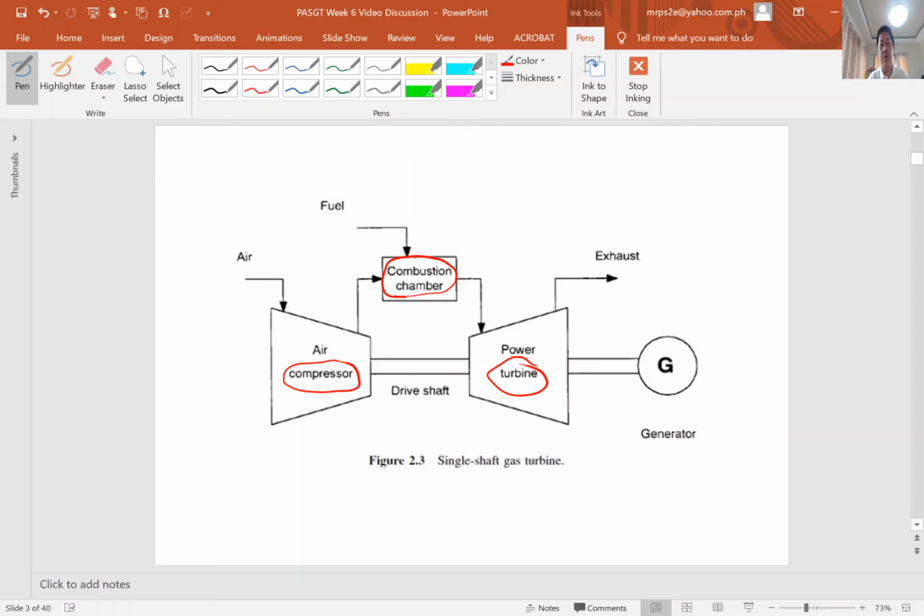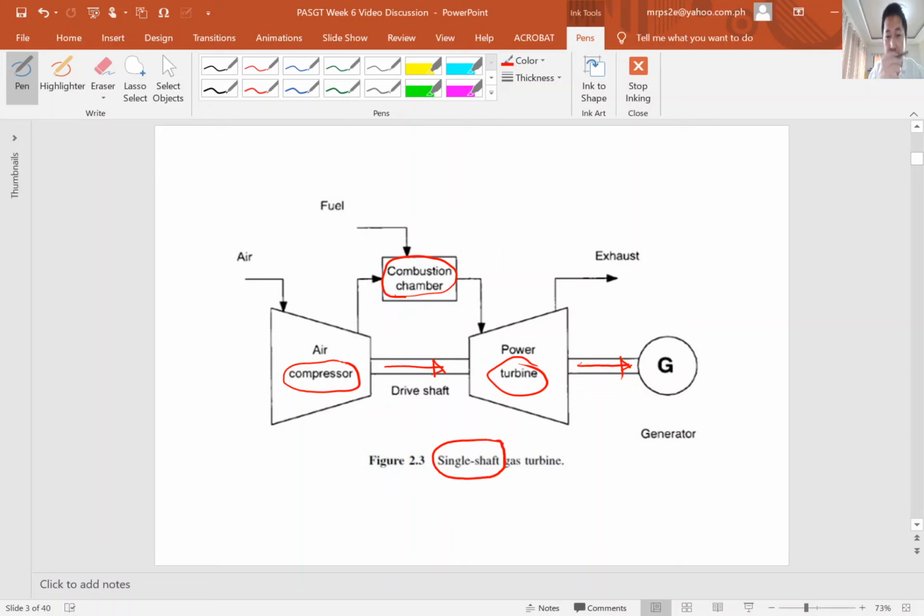So why is it called single shaft? Based on the statement that we read, from the compressor to the turbine and to the generator there is only one shaft, as you can see here. So this is called single shaft.